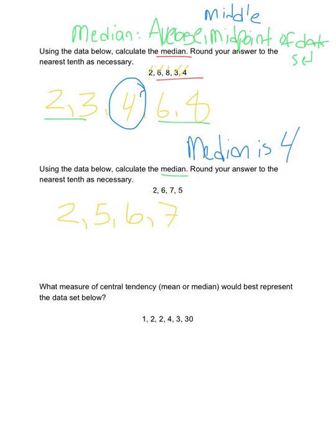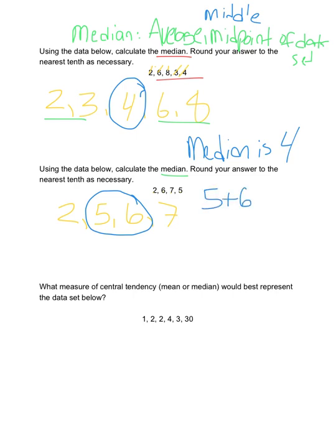When you're given an even number of values, what you have to do is you have to take the 2 middle numbers. In this case, we have 5 and we have 6. Those 2 numbers represent the middle of this data set. What we do next is we take these 2 middle numbers, 5 and 6, and we add them together.